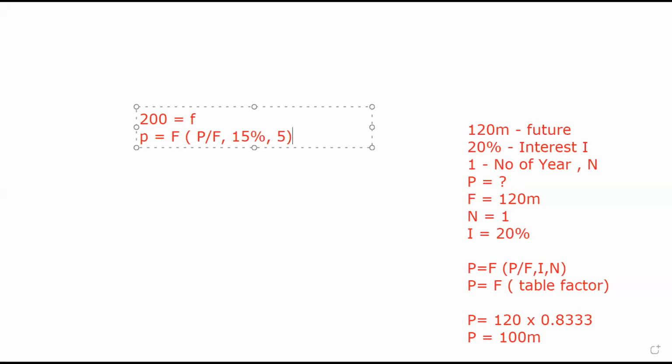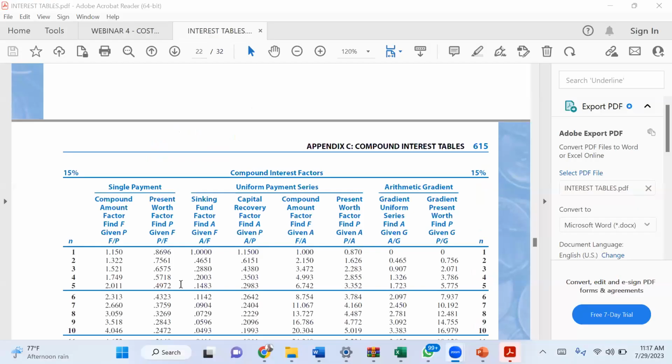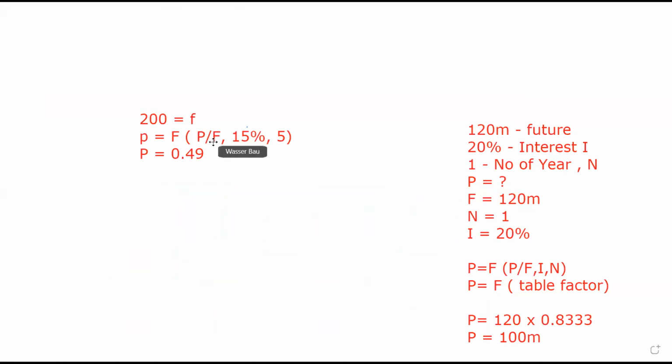That's how to write it. Sorry, the future amount is 200,000, multiplied by the table factor.